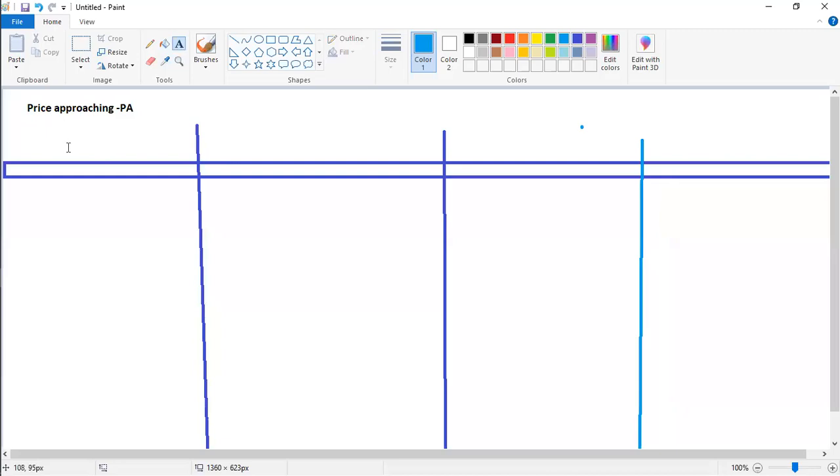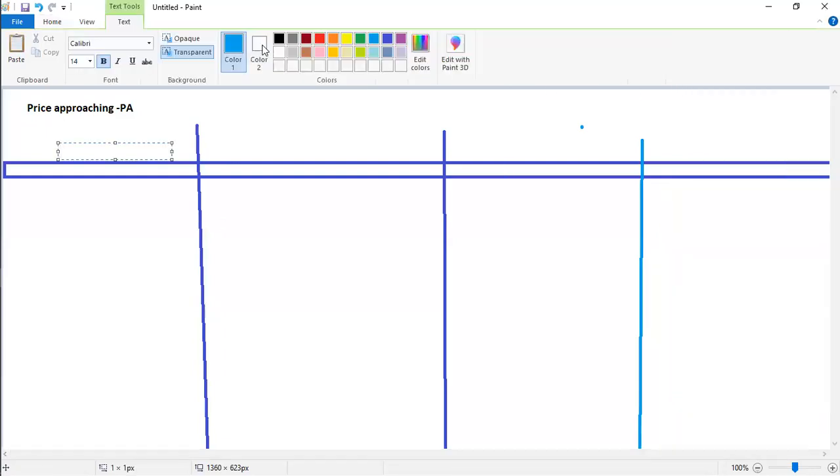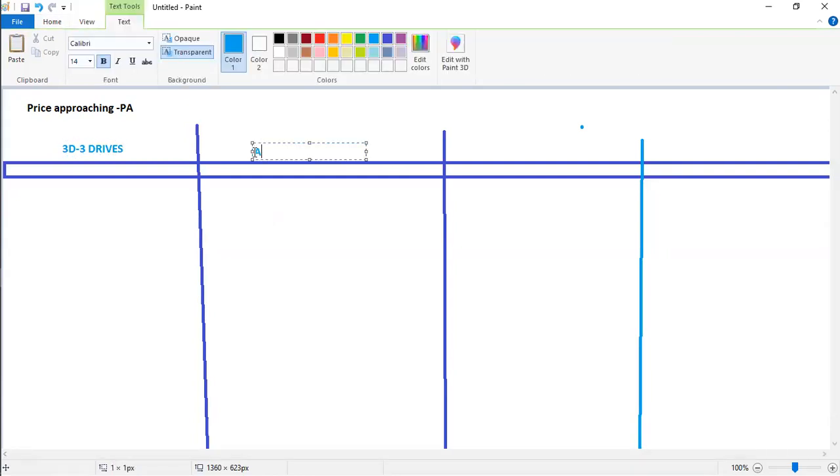Okay, so the first one, we have the 3D, the 3 drives. Then we have the accumulation.